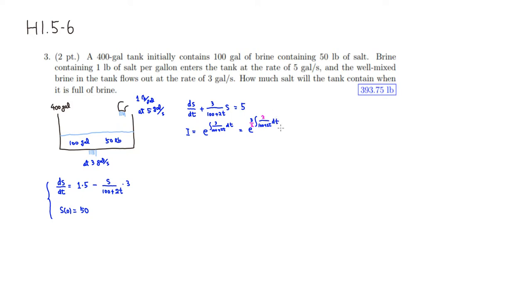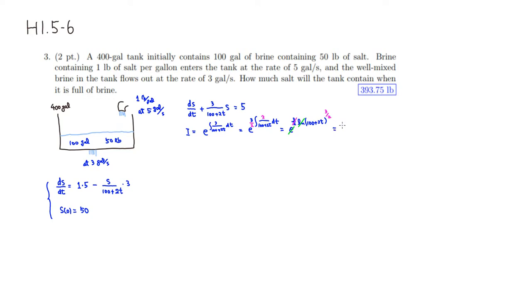So this is going to be e to the 3 halves times the natural log of 100 plus 2t. We don't really need an absolute value there. Then we can put the 3 halves up here using the log property, and e and the natural log cancel out because they're inverses of each other.